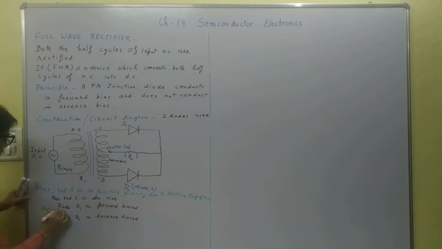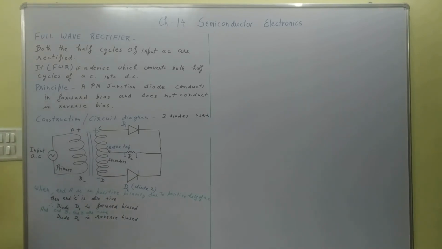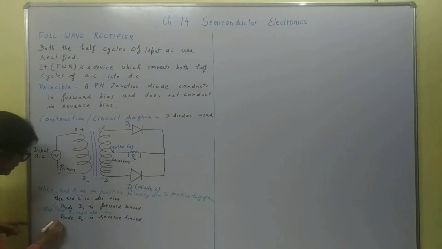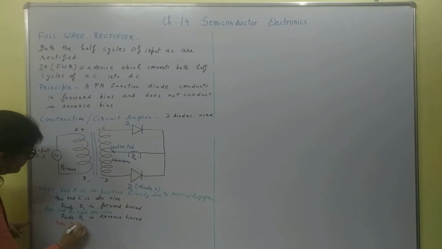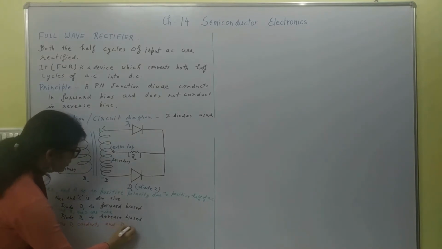B and D are negative. Therefore, diode D2 is reverse biased. Here D1 conducts and D2 does not conduct.